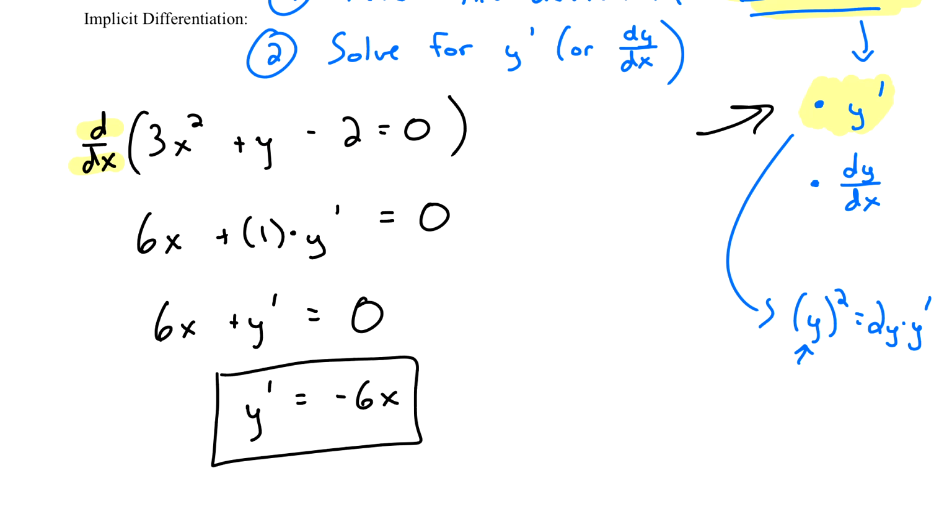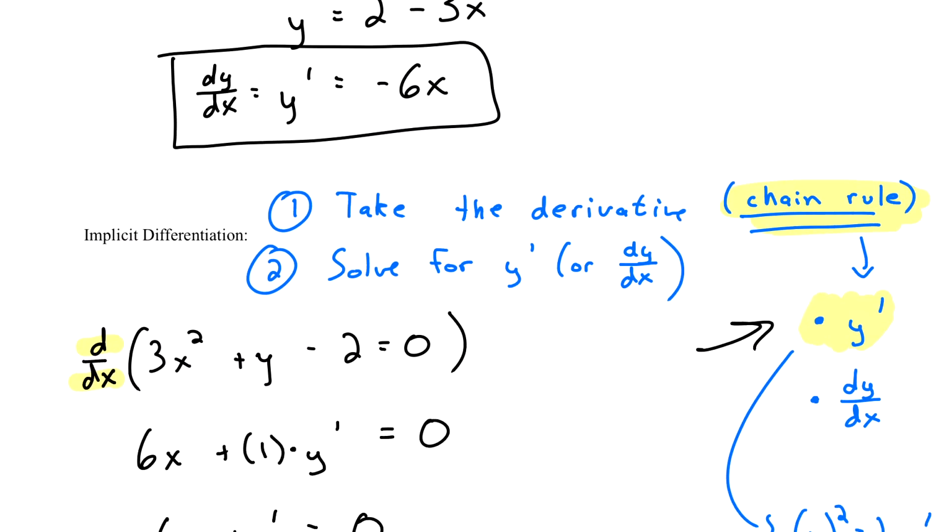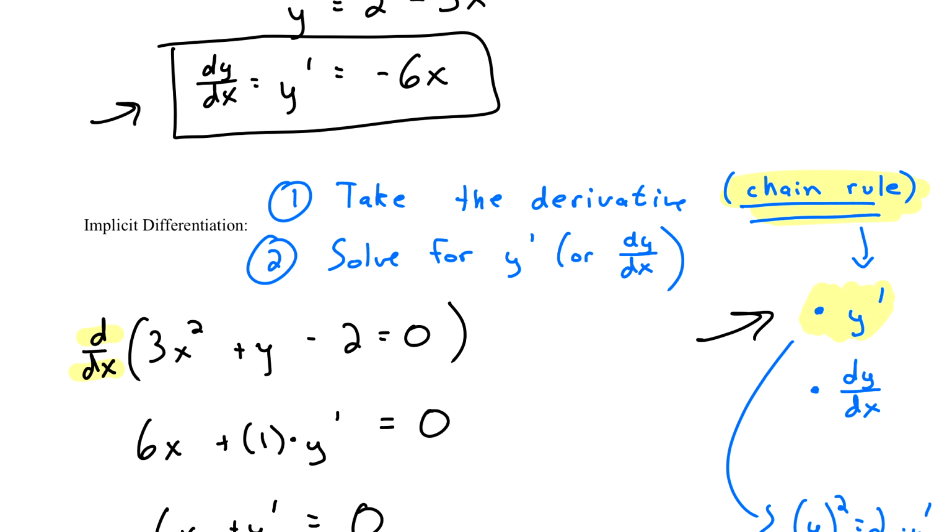Now here, I ended up with exactly the same derivative that I did using explicit differentiation. So for a problem like this, it might not make sense to use implicit differentiation. There's no real benefit to using it here.